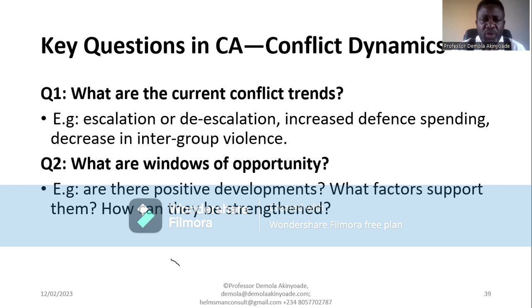Do we have windows of opportunity in the conflict? Oh, two Muslims are fighting over something, and then suddenly Ramadan starts. You can say, because of this Ramadan, this holy month, we cannot afford to be doing this, and we are taking advantage of the opportunity of the Ramadan season.